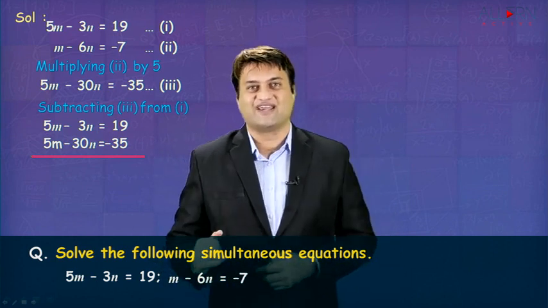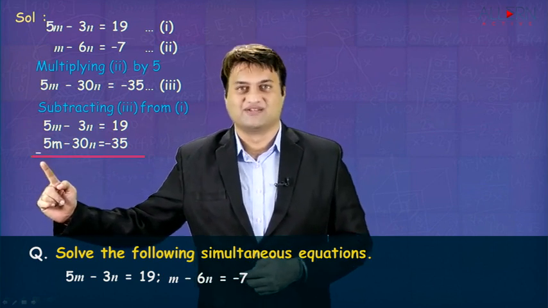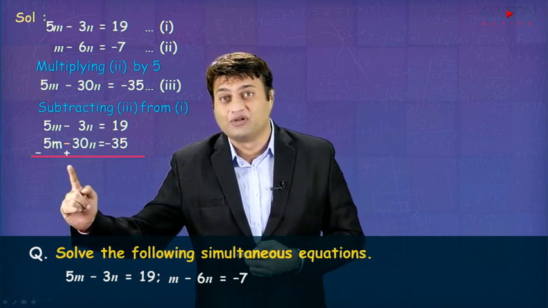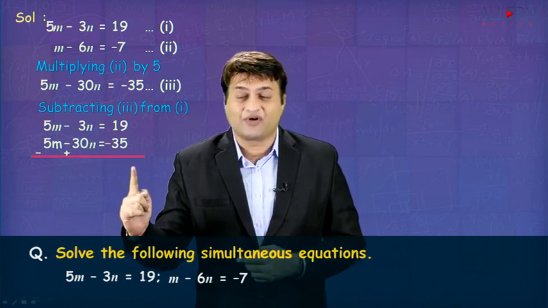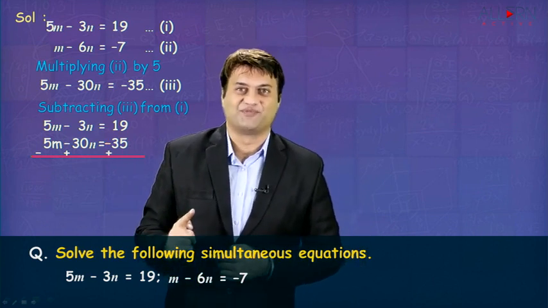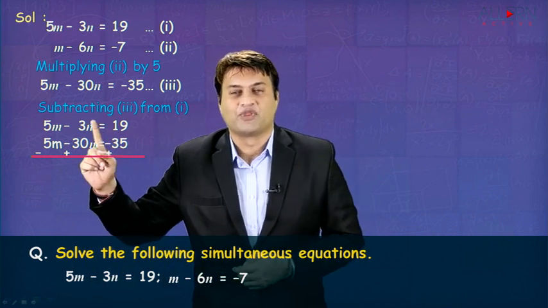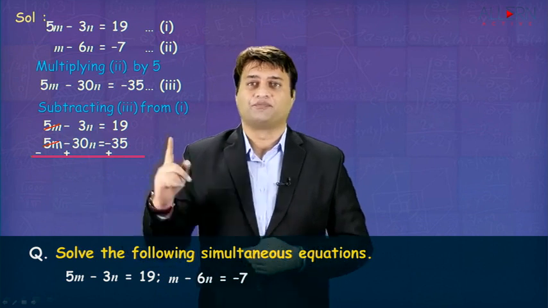So let's change the signs now. Currently it is plus 5m, so the new sign will be minus. Currently it is minus 30n, so the new sign will be plus. Here it is minus 35, so again the new sign will be plus, right? Now let's operate as per the new signs. 5m minus 5m will get cancelled.